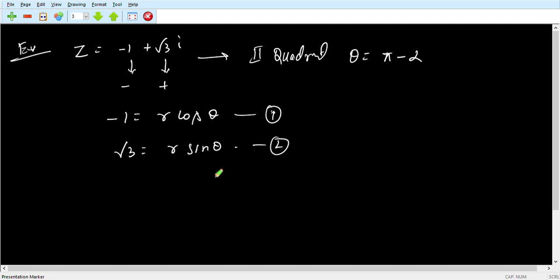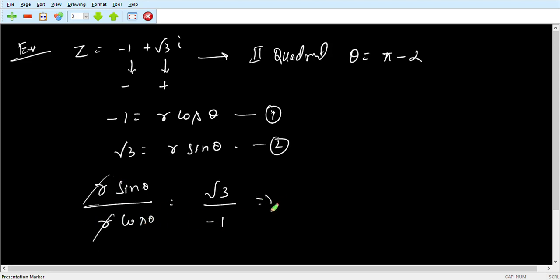Divide equation 2 by equation 1, and you will get r sin theta upon r cos theta is equal to under root 3 upon minus 1. So tan theta is equal to minus under root 3.